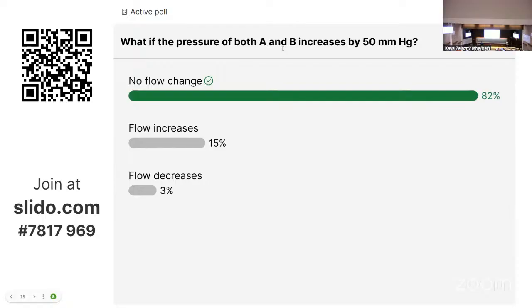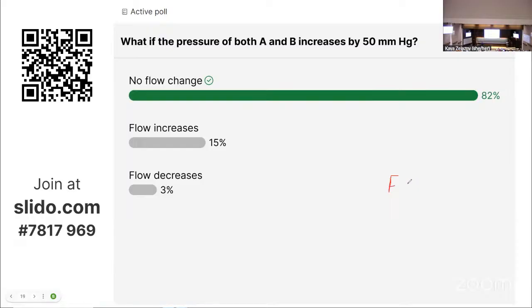In this case, we still have that same relationship: flow is our pressure difference divided by our resistance. We're still not changing the resistance. Originally, we had A at 100, B at 50, meaning we had our pressure difference as 50.